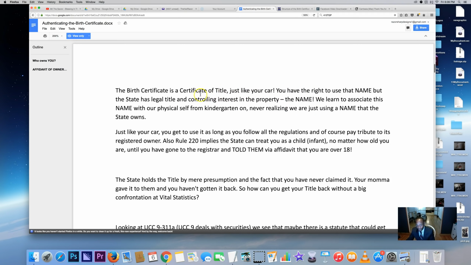So, just like a certificate of title for your car, you have the right to use the name, but the state has legal title and controlling interest in the property, the name, which is not you, but we are contracted in commerce in a way that makes it us, or liable.